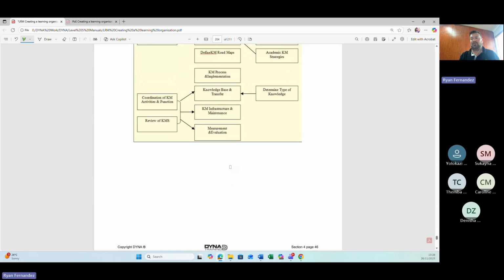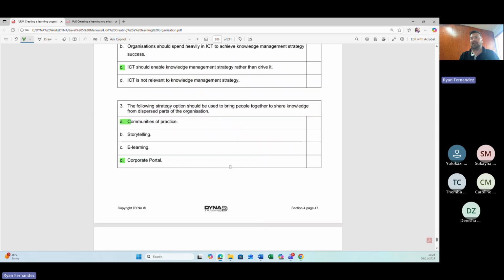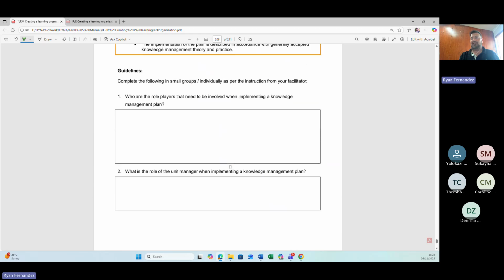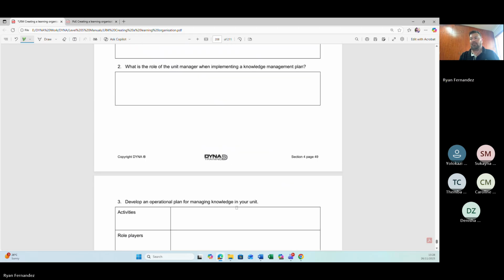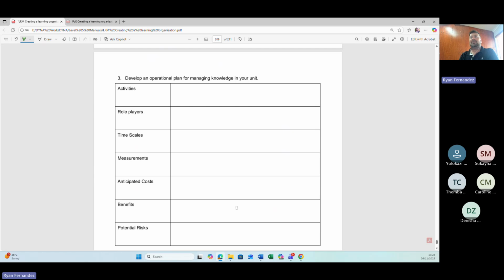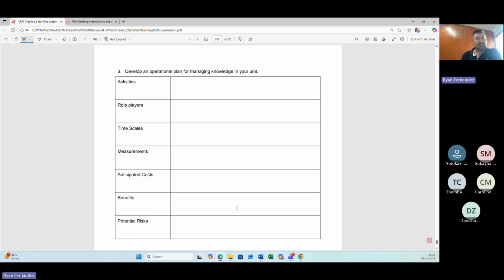Okay, so 4.6.1, that will give you a clear answer for question 2. Now, here we go. Develop an operational plan for managing knowledge in your unit. So what I want you to do is to think about how we could actually manage our knowledge more effectively.